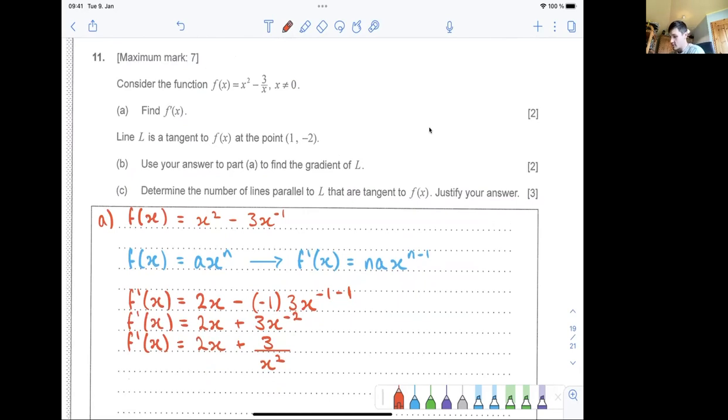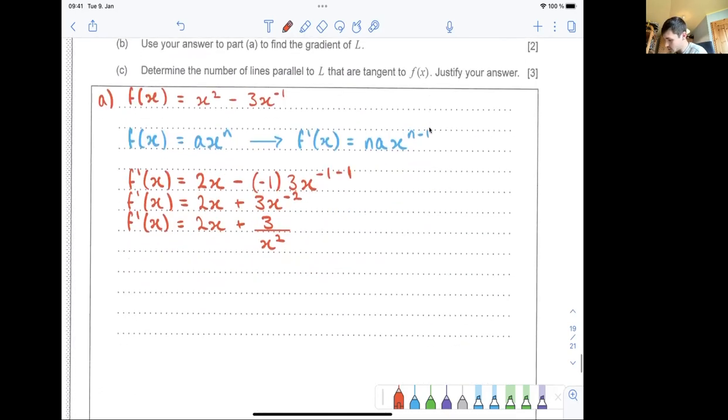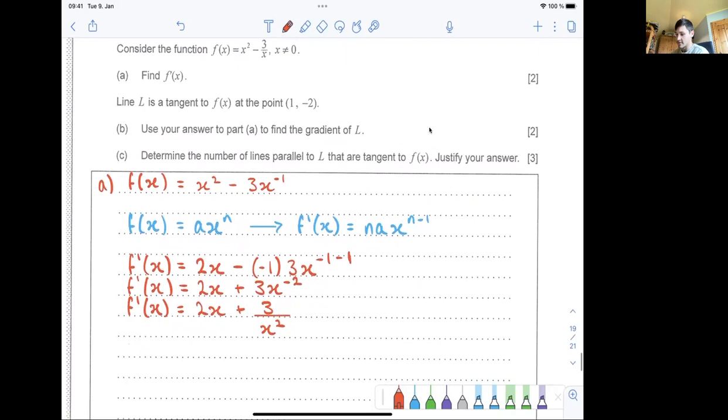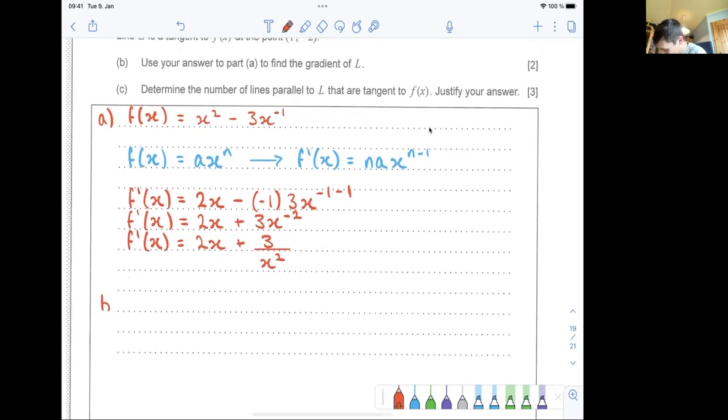So for this question, we need to find the gradient of L. We know that L is a tangent to the curve at this point, where x is equal to 1, and y is equal to -2, but that's not so important at the moment, just when x is equal to 1. To answer this, we need to sub x equals 1 into f dash x, our first derivative.